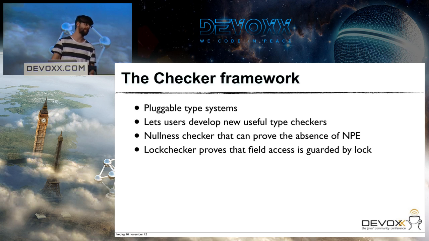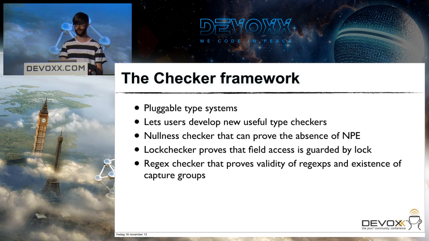While this is far from proving your program free of concurrency issues, it is still a step on the way of proving that it has fewer concurrency issues. And there is also what we call the regex checker, and that can prove that your regex is valid, and also that you're not using capture groups that you haven't introduced.